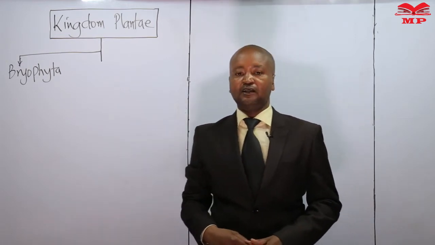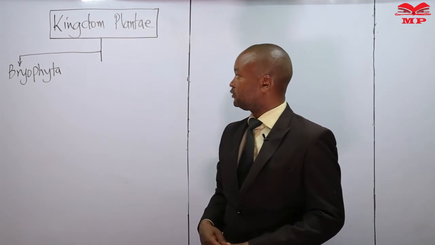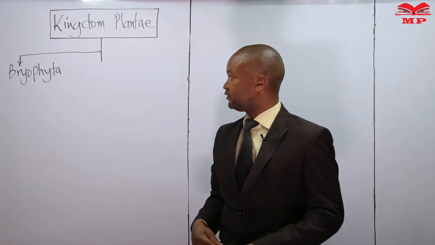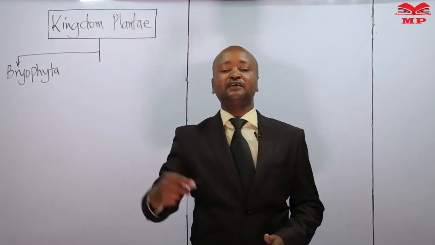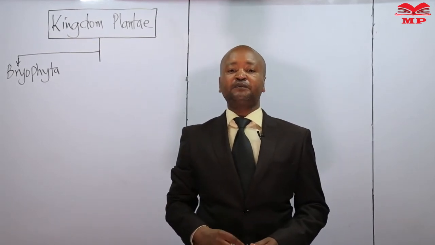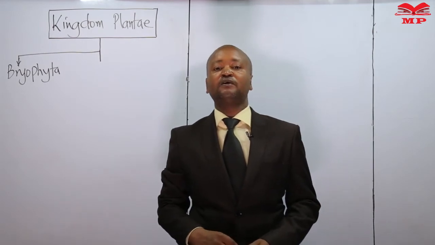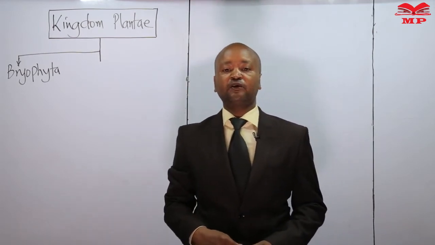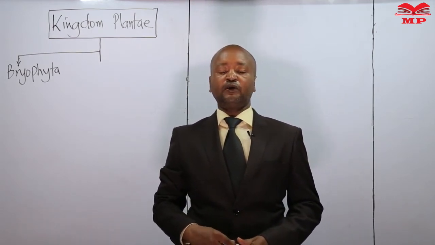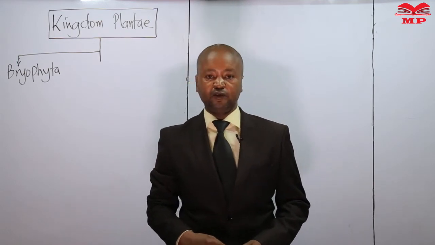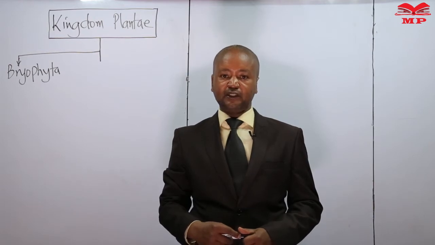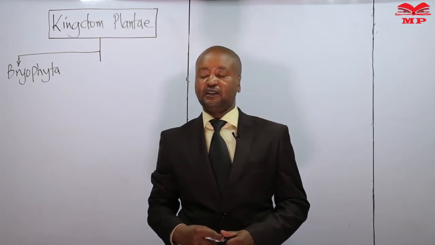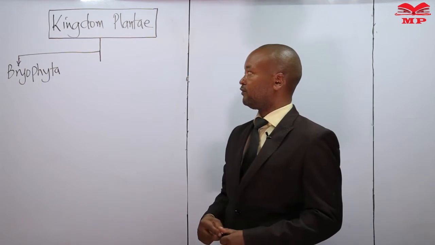So it has the alternation of generations. We have the Sporophyte generation, where we have the seta and the capsule. The capsule is the one that bears the spores. Spores are one method of reproduction, known as sporulation. Then we have the other part, the green part of the plant, which is the main part of the plant, which normally ensures survival.